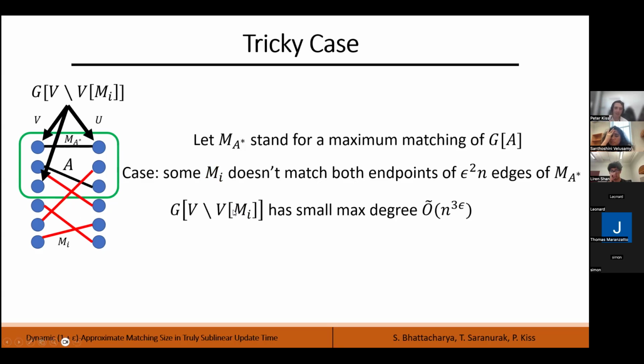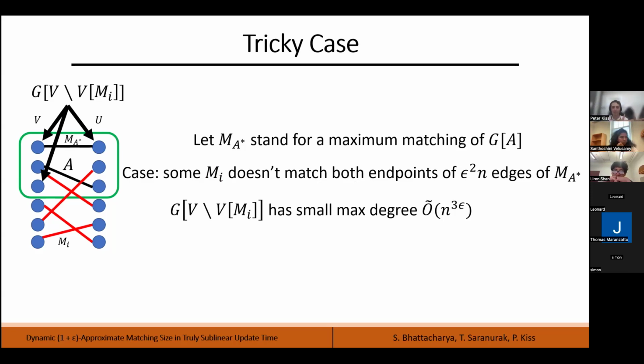I claim that this induced graph has small maximum degree, like n to the 3 epsilon or something tiny. Why is that? Intuitively, this red matching is a greedy matching. And the induced subgraph of its complement, if it were dense, we would have hit it with the random sampling process. That's the simple intuition.